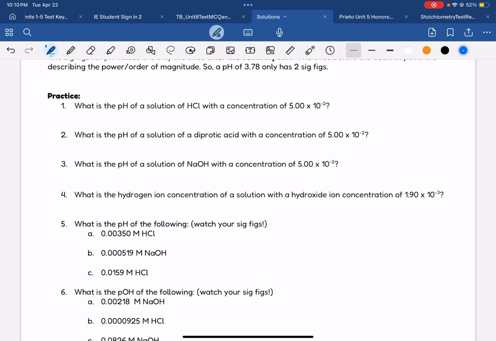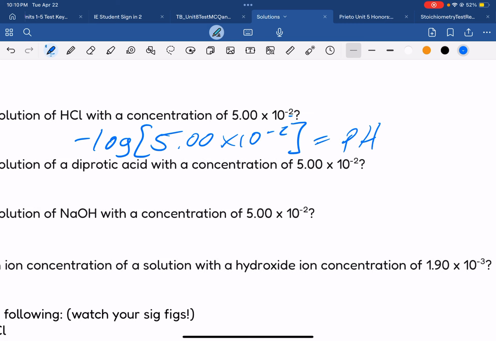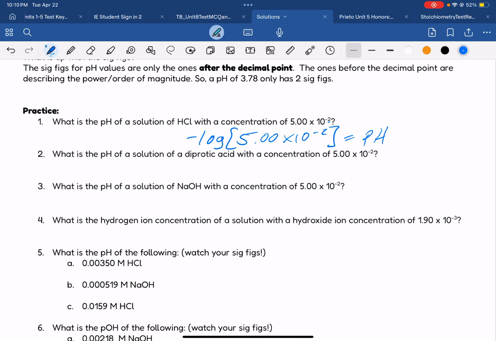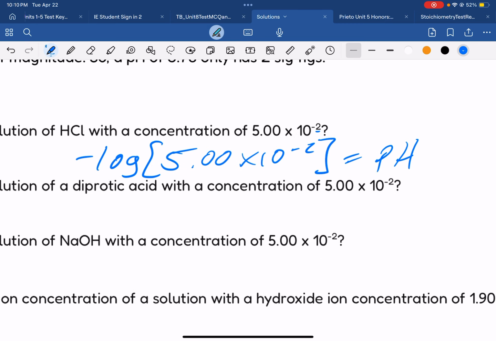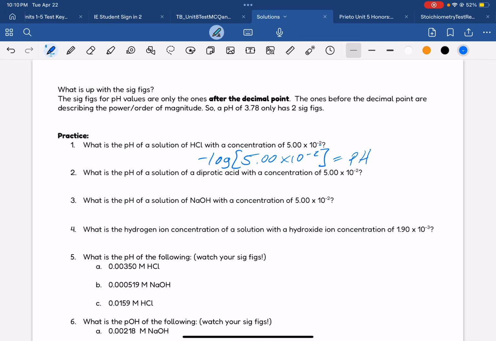All you do is negative log of 5.00 times 10 to the negative second, and there's your pH value. Another indicator too is if this number is really low and it's asking for pH, it's generally going to be acidic. If it's really low and it's asking for pOH, it's going to be basic.